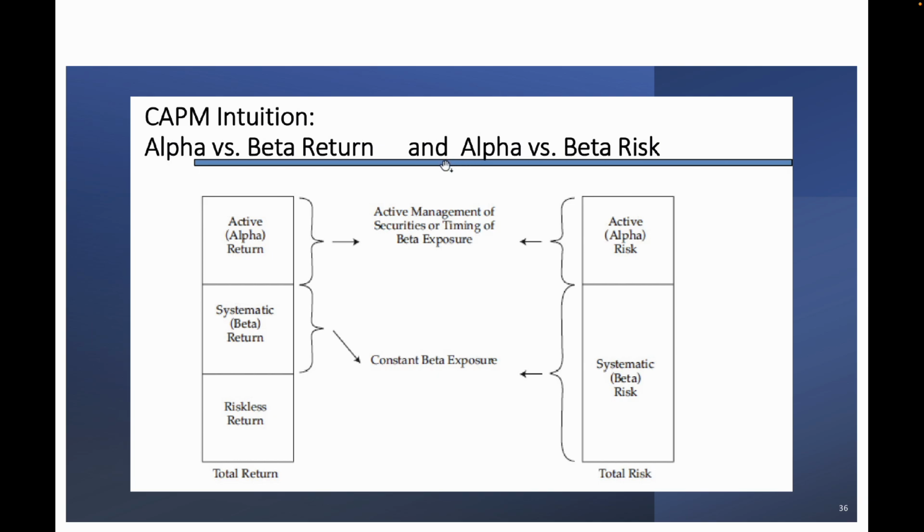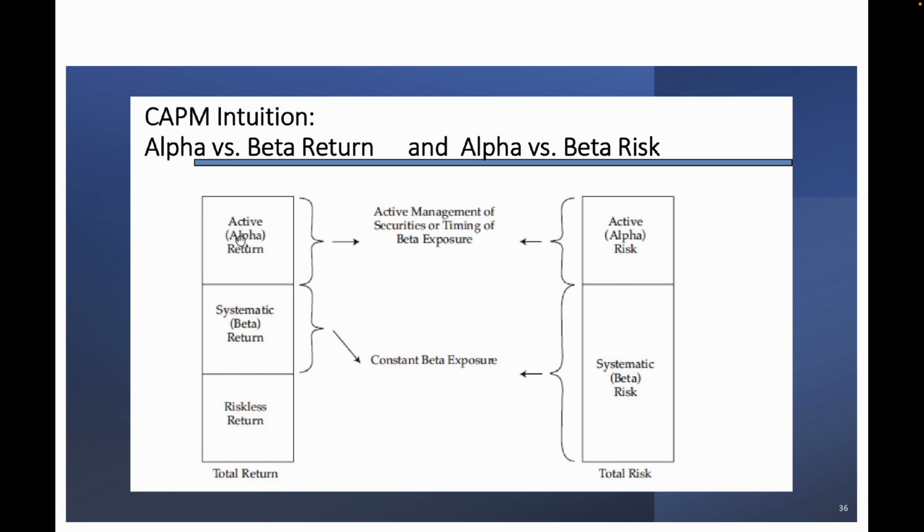Good. So here's the CAPM intuition. The intuition is that an asset has a total return, and it has different components. We have the risk-free component, and then we have the risk premium component. And now the risk premium component has two parts. It has something we call beta return, or it's also called a systematic return, because it has these systematic co-movements with the market.